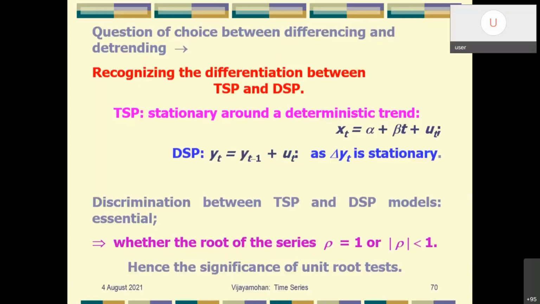The KPSS test has a null hypothesis of stationarity. There is also the Hadri test. So I told you we have a large number of tests, but only a few are available in the packages, and actually all these more than 100 tests are with very little power. Whether we take ADF or PP or KPSS, all these tests have very low power.